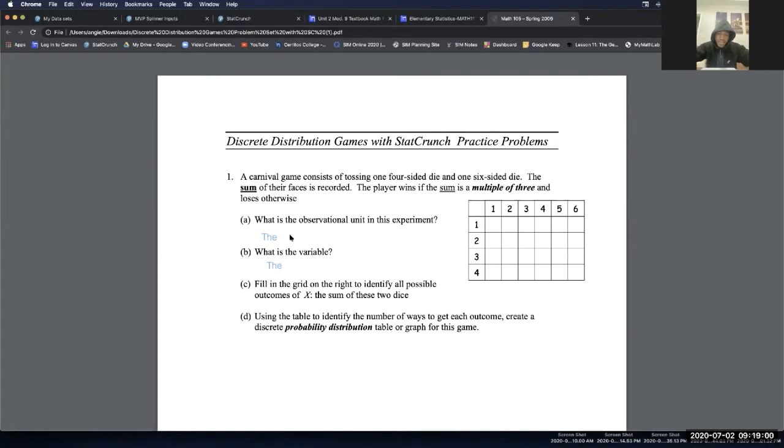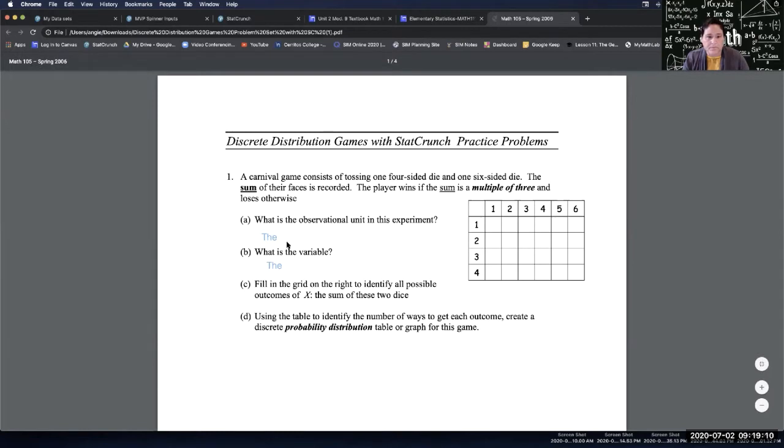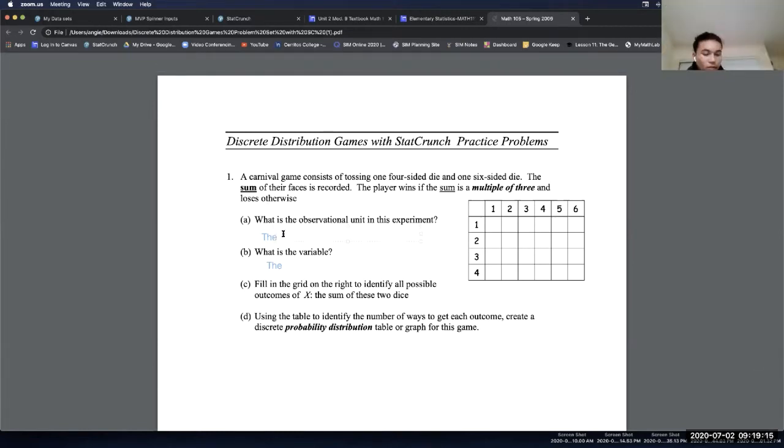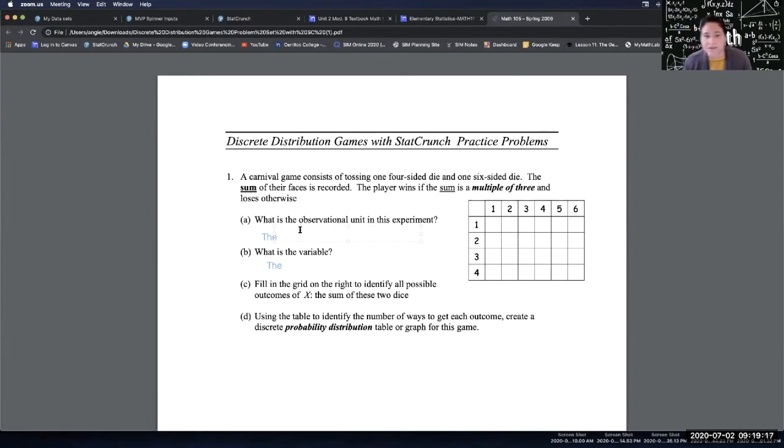Because I just added 4. Okay. So I saw Devin, what'd you write there? You just put the sum of the two dice. You wrote the sum of the two dice. Was that the observational unit or the variable? The observational unit.